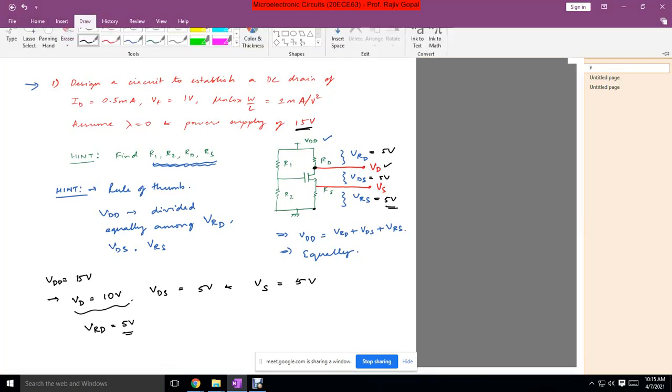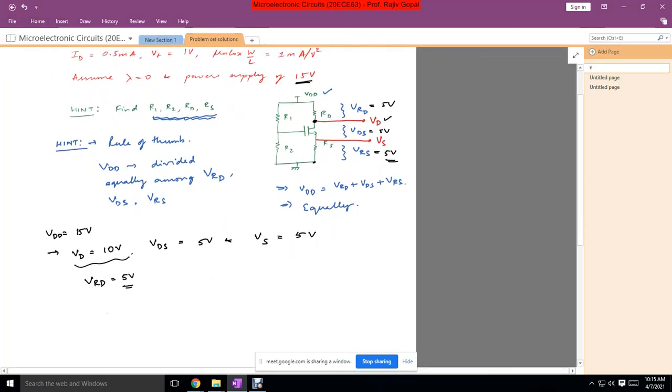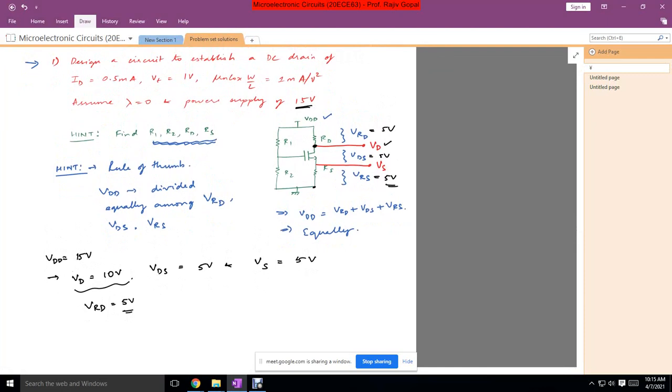Now let us see what is given. The given data is a DC drain current ID equal to 0.5 milliamperes. Threshold voltage is 1 volt. Mu n Cox W by L is 1 milliampere per volt squared.